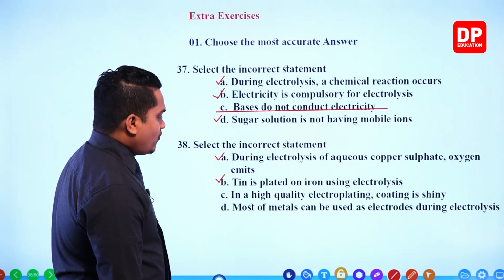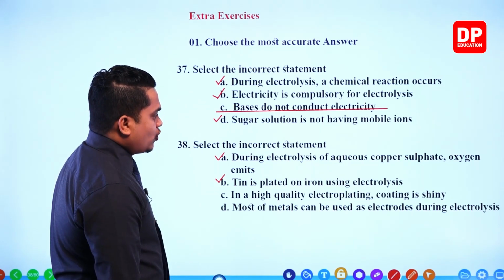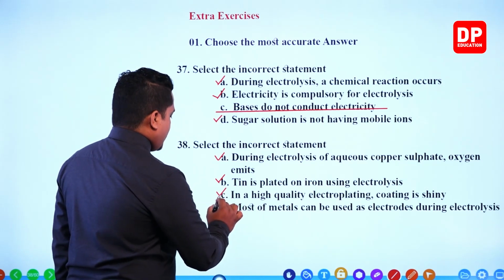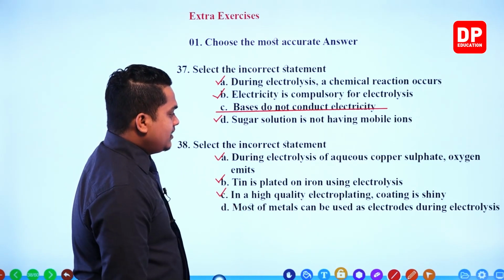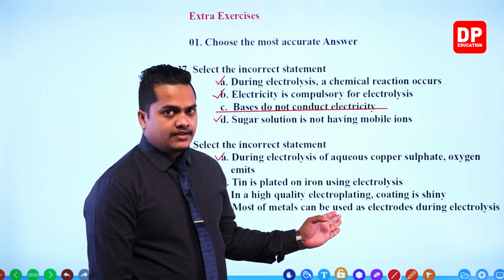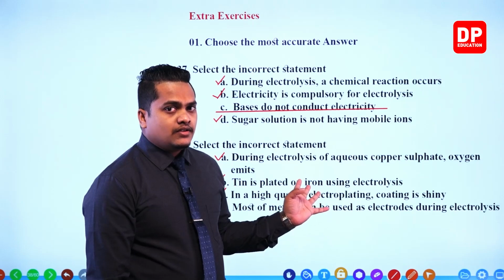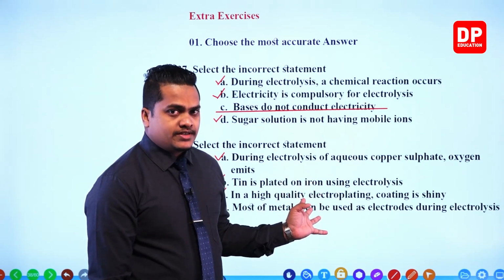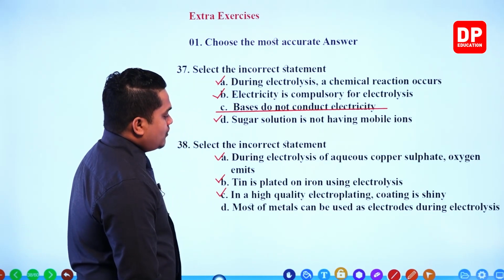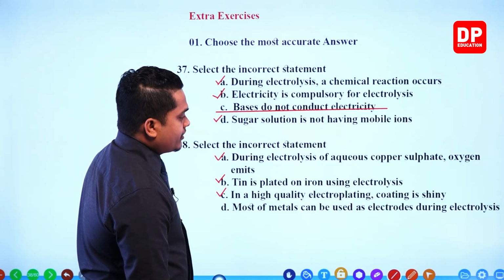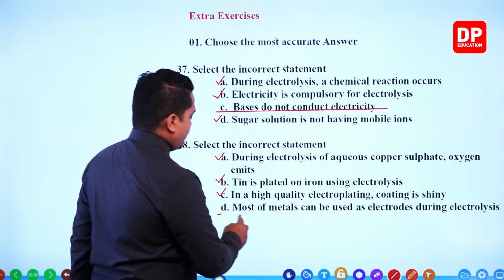In a high quality electroplating, the coating is shiny. Correct. We even discussed this under the characteristics of a high quality electroplating. Most metals can be used as electrodes during electrolysis. This is incorrect.